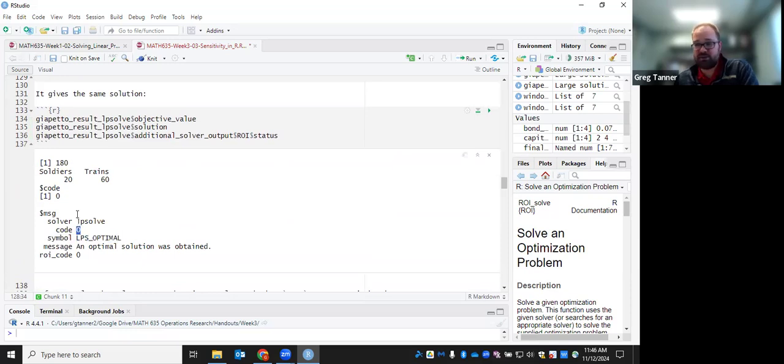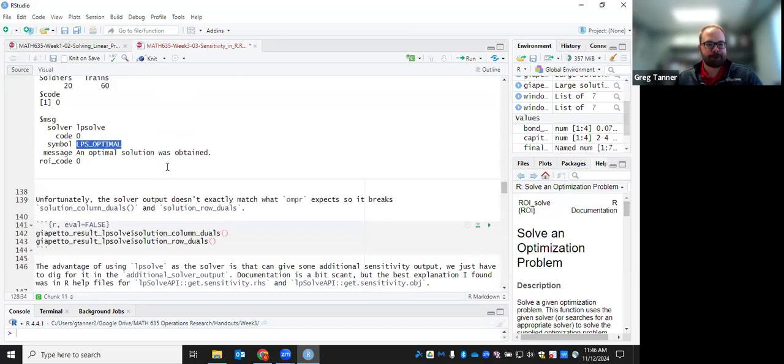lpsolve has a different set of codes than glpk. And the nice thing is that it does have this symbol here that will tell you whatever lpsolve's code is for optimal, and hopefully it's a little bit more readable than just the number. Okay. Unfortunately, ompr expects its answers back in a certain format, and lpsolve doesn't give them back in the exact same format as glpk.